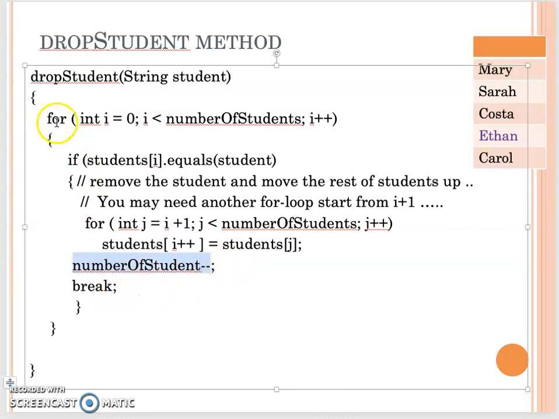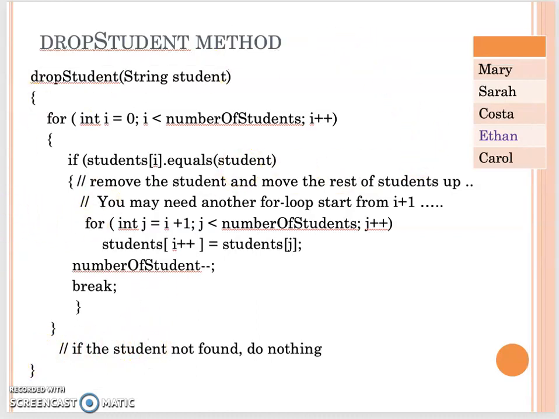And also here, since you find that, your for loop actually finished, so that's why you need to break out from this for loop. If the student is not found, you should do nothing. So that's the hint about your assignment 5.